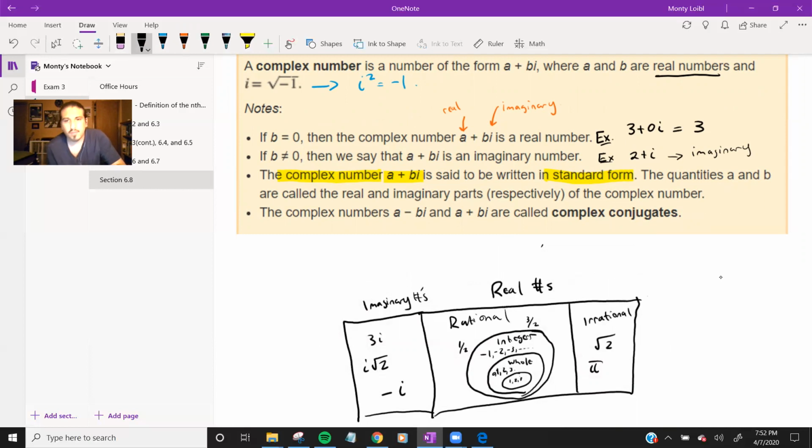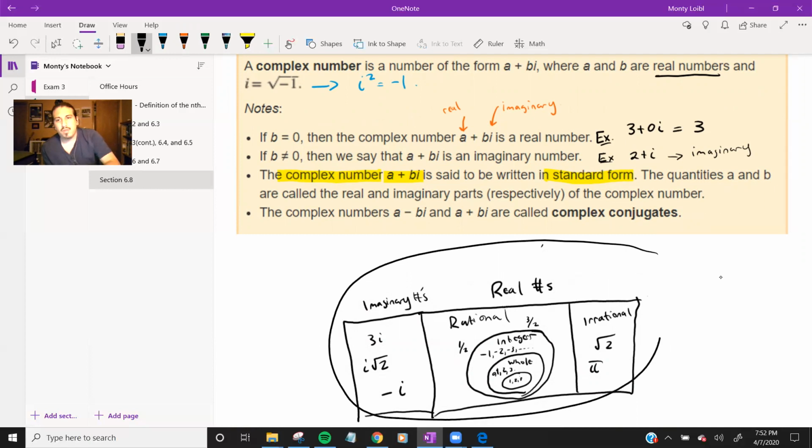Okay, yeah, so rational, irrational, but then we had the imaginaries. Well, inside of this whole bubble, these are all a type of complex number. So we've just learned that all these different numbers that we've worked with are all a type of complex number, which I thought was kind of neat. So I thought everybody would like to see that.